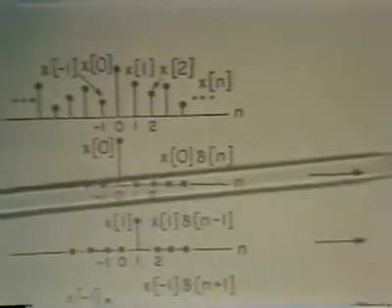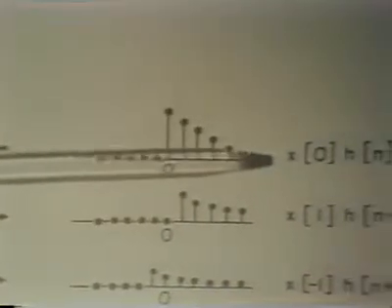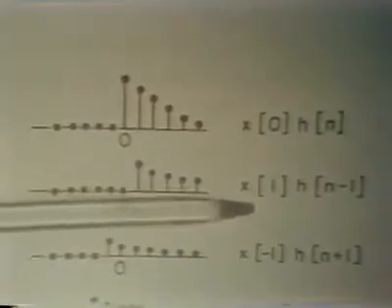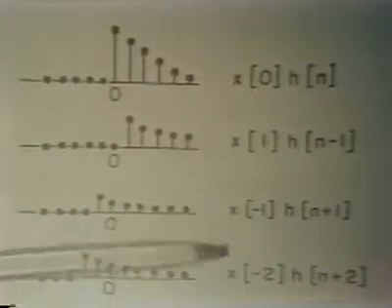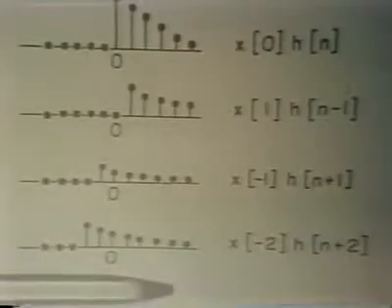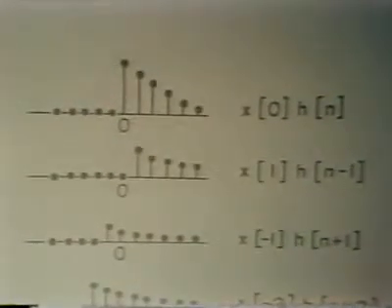If this impulse, for example, generates a response which is x of 0 times h of n, where h of n is the response to a unit impulse at n equals 0, and the second one generates a delayed weighted response, and the third one similarly, and we generate these individual responses. These are all added together, and it's that linear combination that forms the final output.